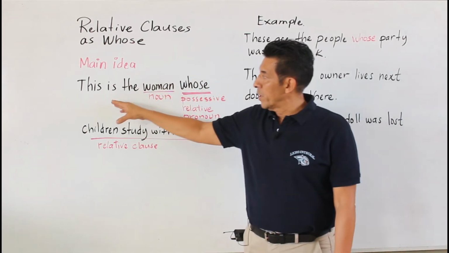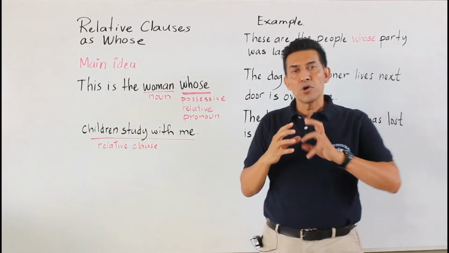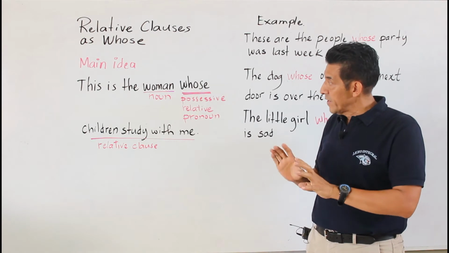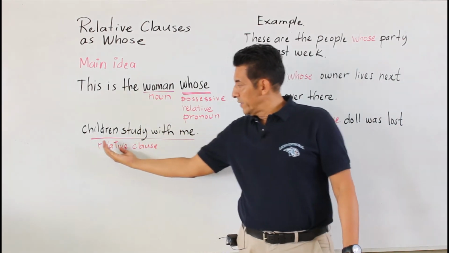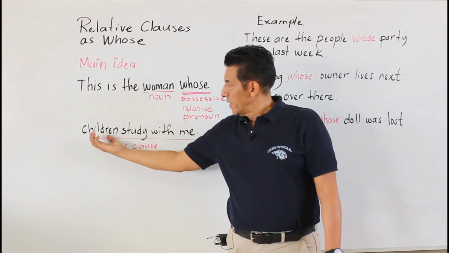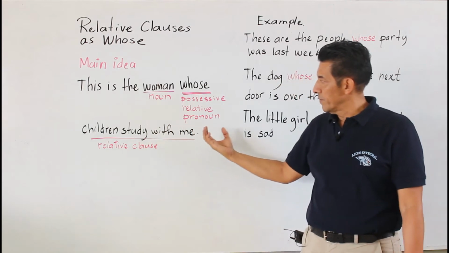Okay, when I read, this is the woman, I am talking about someone, then I have in the relative clause the idea which is children study with me.